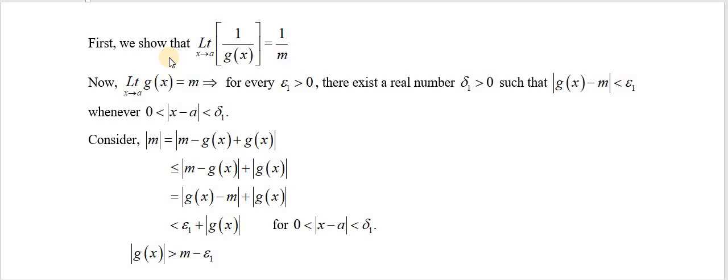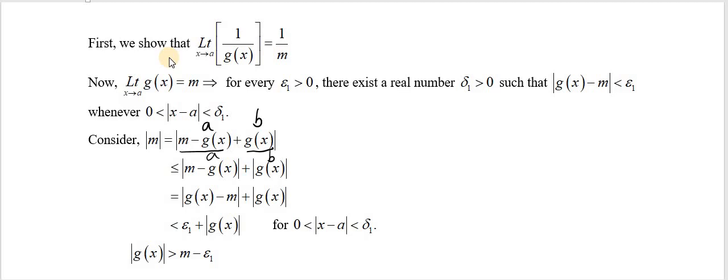Here I am writing mod m as mod m minus g of x plus g of x. Here the form is going to change, but the value is not changing, which is less than or equal to mod m minus g of x plus mod g of x, because I am using the same concept, modulus of a plus b less than or equal to mod a plus mod b.